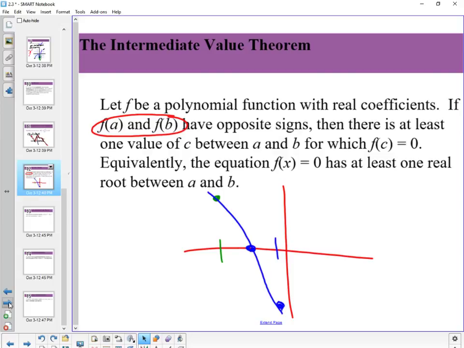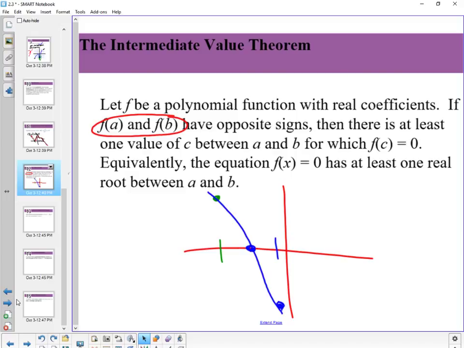It has to, because how does it go from being positive to being negative? It has to cross the x-axis, doesn't it? And the same is true if you flip them. If the first one was negative and the next one becomes positive, then there has to be some solution in between those two. Does that make sense? It makes sense when you see the picture, huh? Otherwise, it's like, what are you talking about, English?